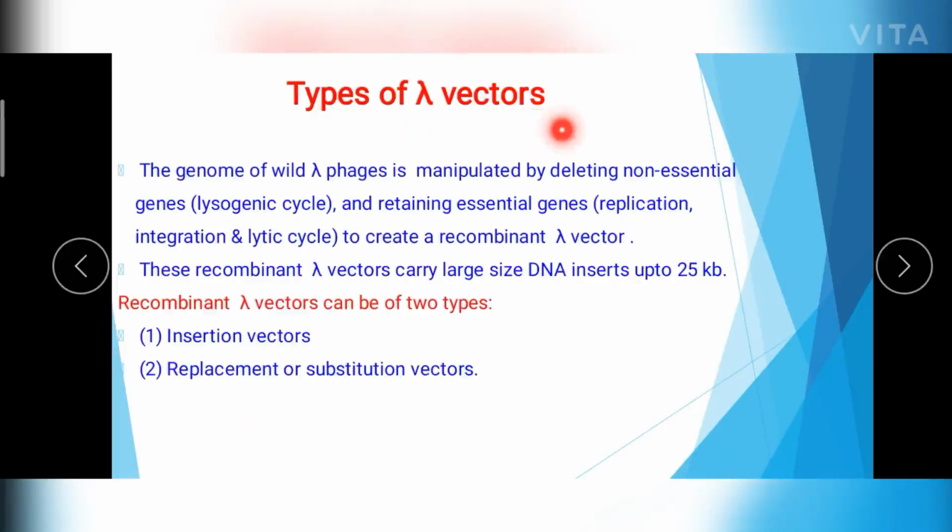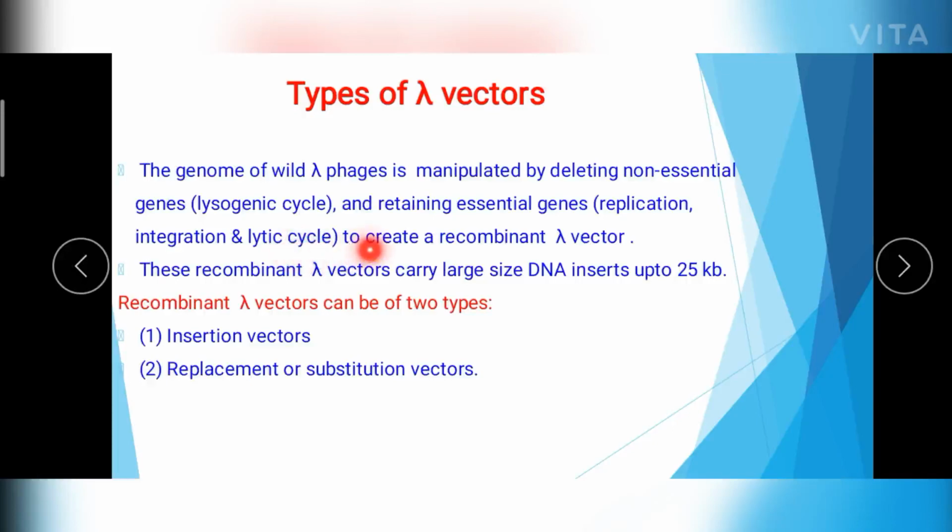Coming to the types of lambda vectors, you know that wild lambda phages are not directly used in gene cloning experiments because they contain a lot of non-essential genes. So we delete these non-essential genes which promote the lysogenic cycle and retain the essential genes. The essential genes include those involved in replication, integration, and the lytic cycle.